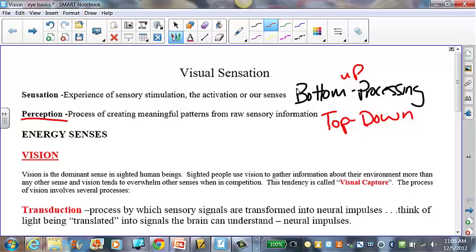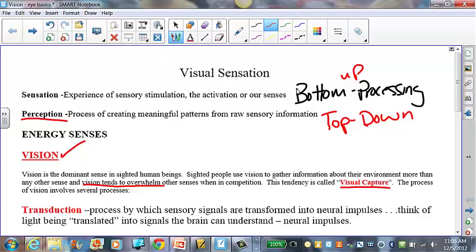One thing to remember before we begin here is that for sighted people, when they gather information from the outside world, our vision tends to overwhelm all of our other senses when they're in competition. This tendency is called visual capture, and an example of this is when you're at the movies and we see an actor or actress on screen and they're talking.